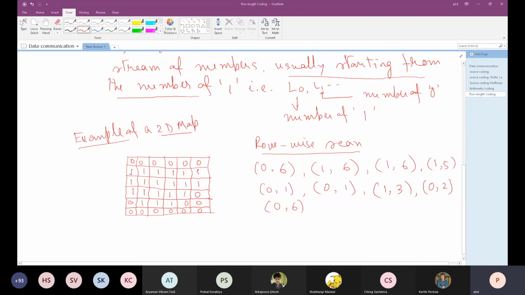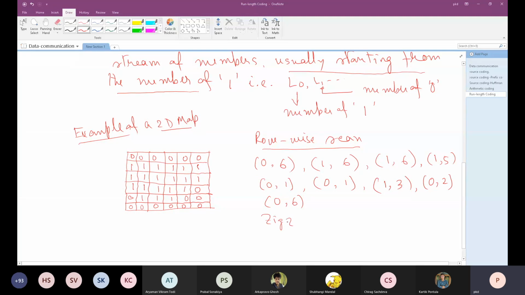Similarly, column-wise also we can do. Row-wise scan means first row we will do, then only we will go to second row. But suppose for the zigzag scan, the number of rows has to be also informed, right?